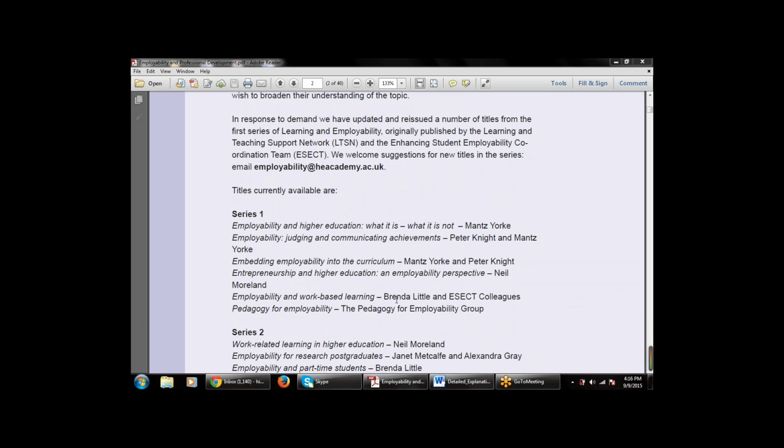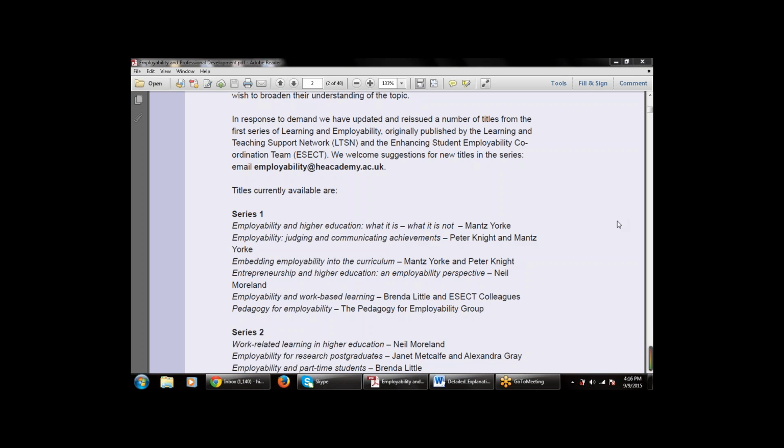The main motto is judging and communicating achievement, by Peter Knight and Mantz Yorke. Then Embedding Employability, by Yorke, and then Moreland, work-based learning, which is also used for employability skills.